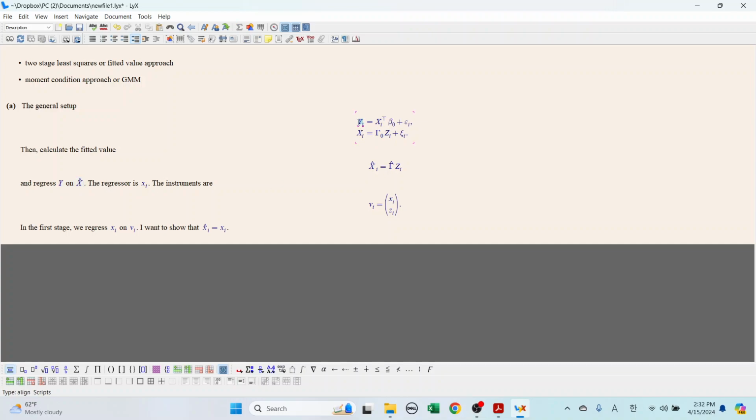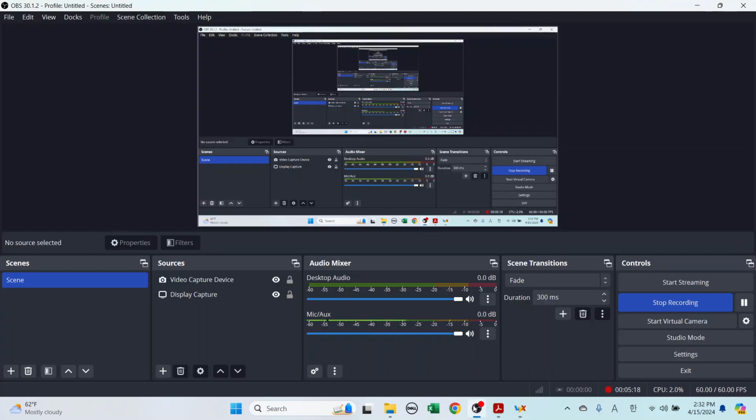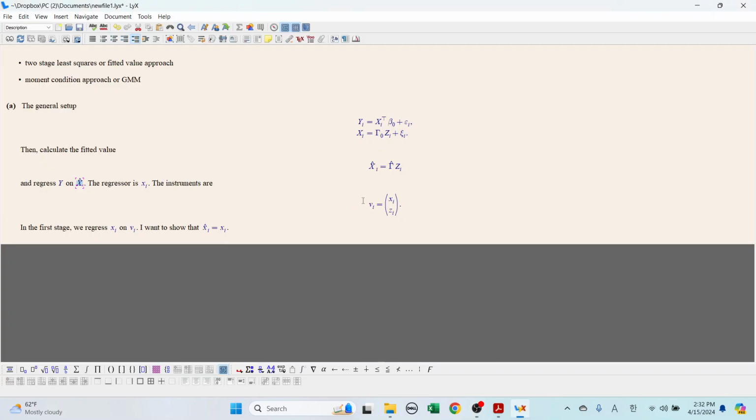Regressing y on x or regressing y on x hat will be the same if x equals x hat. That's what I'm going to show. By the way, I'm sorry, I was just checking whether I'm recording this. Okay, so I will show this.